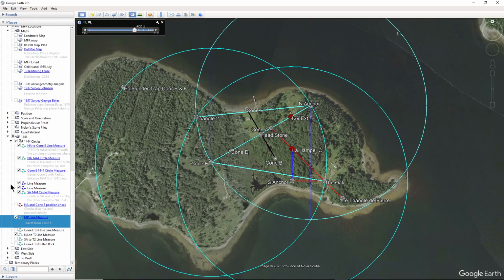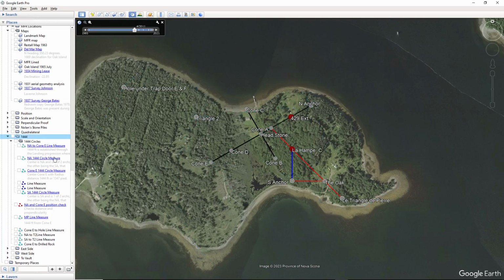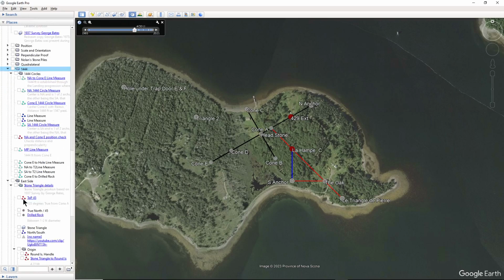Now, another thing I want to show you too is that, remember, I had the stone triangle down there. And this is very interesting because even though the stone triangle isn't located on the Zena-Halper map in the position, it's only located through the triangle de Pierre.